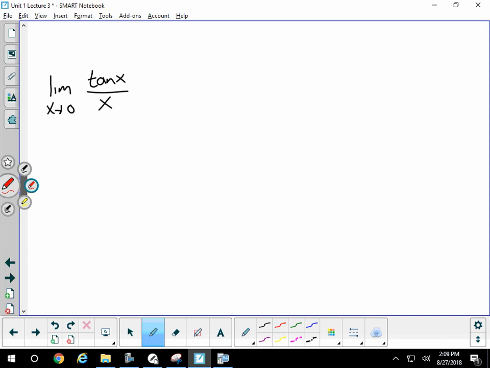So the problem is you have 0 over 0. Simplify more. If you ever get 0 over 0, if you ever get 0 in the denominator, simplify more.